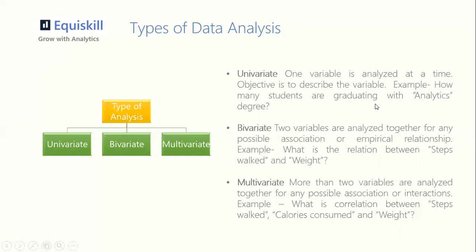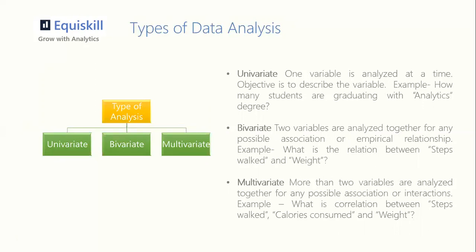It might be 20, it might be 40, it might be 50. Or for example, what's the average height of women in this class? It might be 163 centimeters. And that's just one variable, the average height. In fact, I should just say the average height of students in this class, not women, because that would be bivariate, because you then have to look at the men and the women.